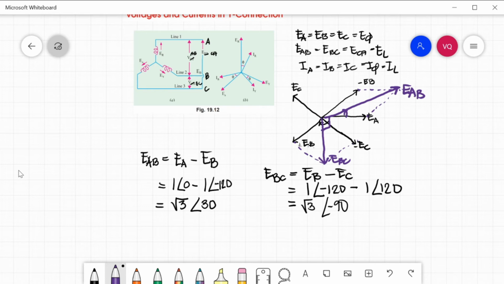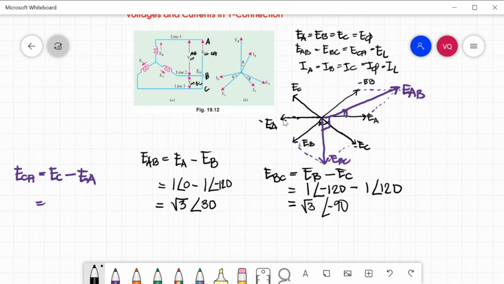So we negate the EA. Here is the negative EA. The resultant of these two will be here, approximately here. So this is now your ECA.